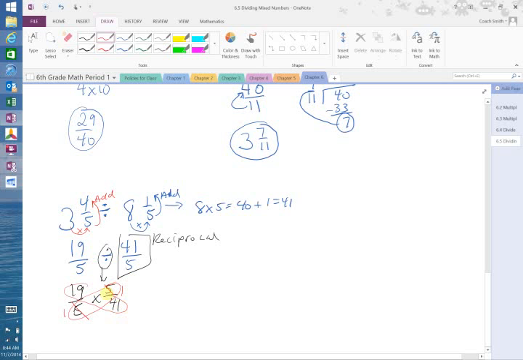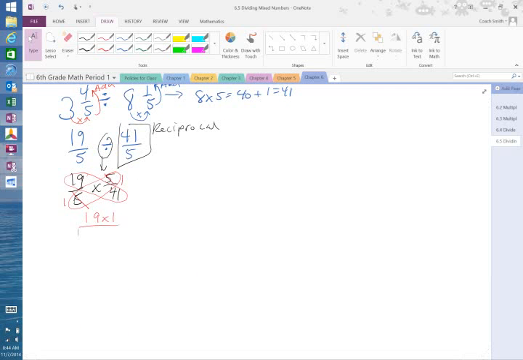Here, is there any common factors between 19 and 41? No. So then I multiplied 19 times 1 on top, 1 times 41 on bottom. 19 over 41.